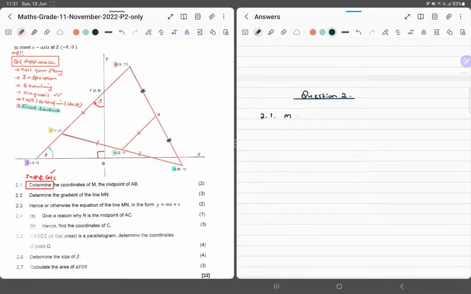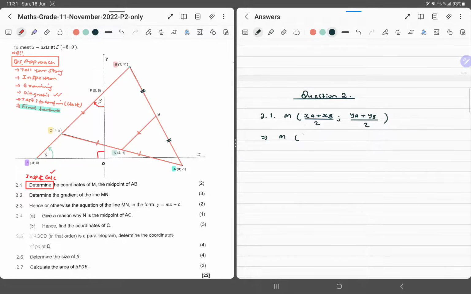So we can see that M is basically going to be x at A plus x at B over 2, y at A plus y at B over 2, because M is the midpoint.